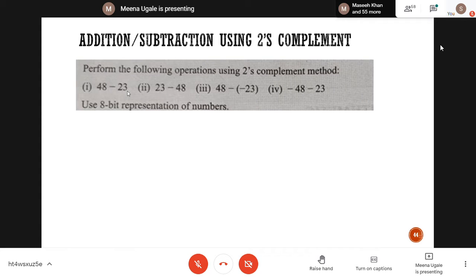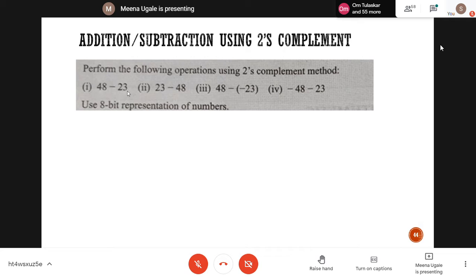In decimal, you tell me 48 minus 23 is 25, Shubham, correct. So whatever answer you are getting should be the binary representation of the number 25.